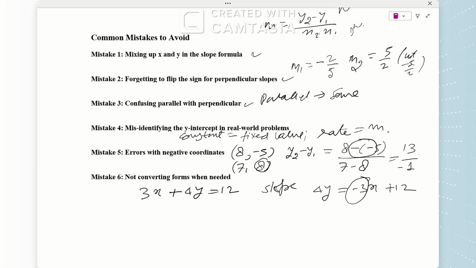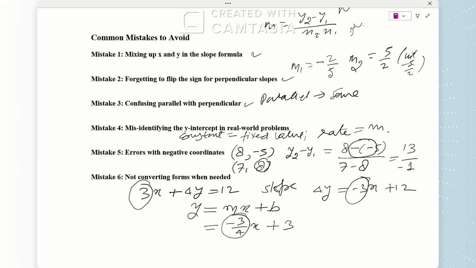Or you don't even convert it, you say the coefficient of x is the slope, so you take 3 as the slope, plus or minus. No, you have to convert it into the slope intercept form, which is mx plus b. Once you do that, you will know that the equation will be minus 3 by 4 x plus 3. So the slope is going to be minus 3 by 4.